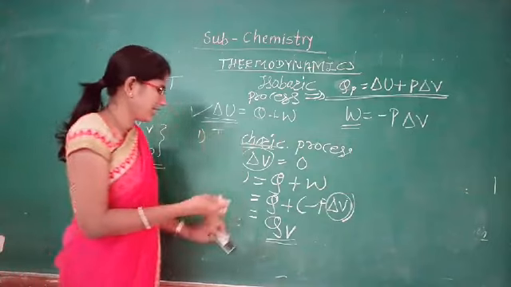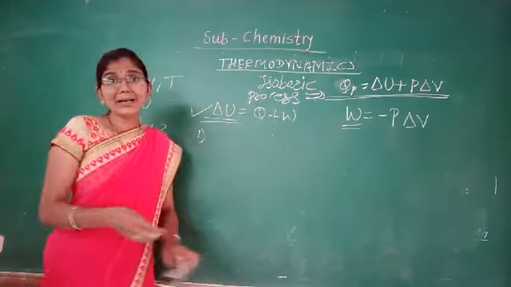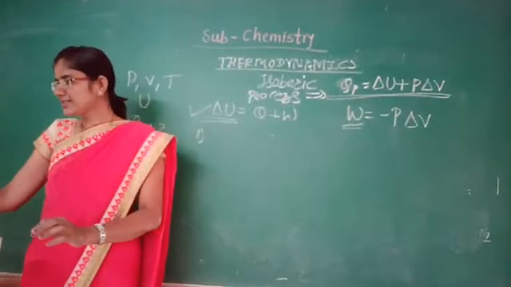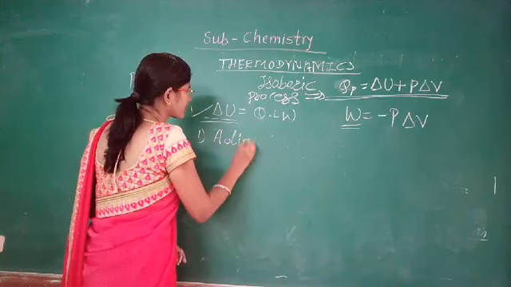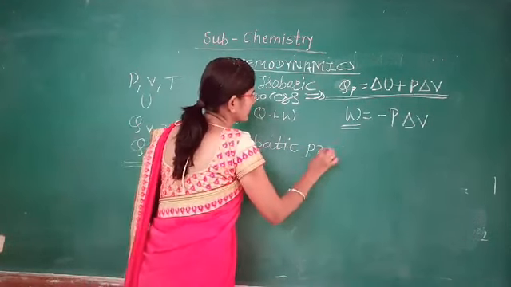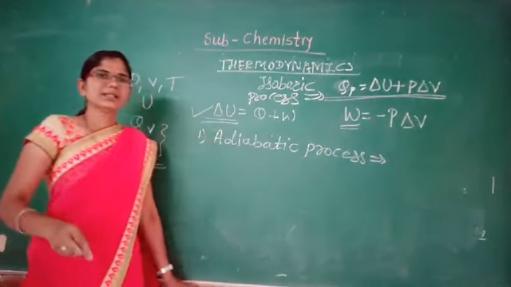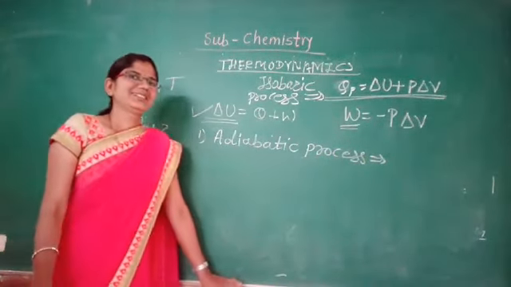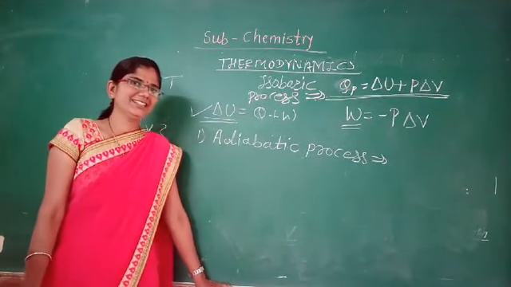So next we have seen the first law for the adiabatic process. The last one is the adiabatic process. Adiabatic process is a process in which there is no exchange of heat.